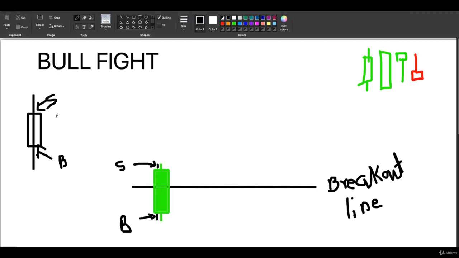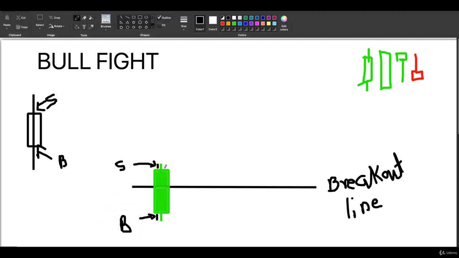The upper wick has the presence of sellers, and the lower wick has the presence of buyers. Here you can clearly see, at the upper wick we have the presence of sellers, and at the lower wick we have the presence of buyers.